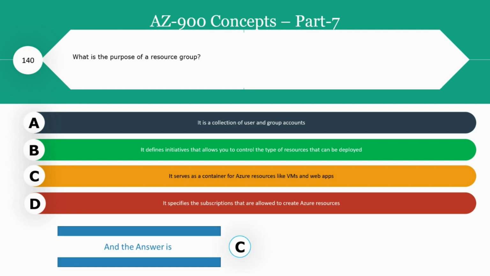The right answer for this question is option C. That is, it is a kind of container to hold multiple resources. The main purpose of having a resource group is to manage the resources effectively and control the cost, as well as to perform any automation activities. These are a limited set of purposes, and there are many other things other than this. So the right answer for this question is option C.